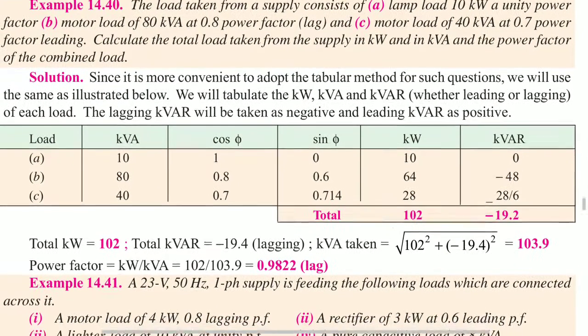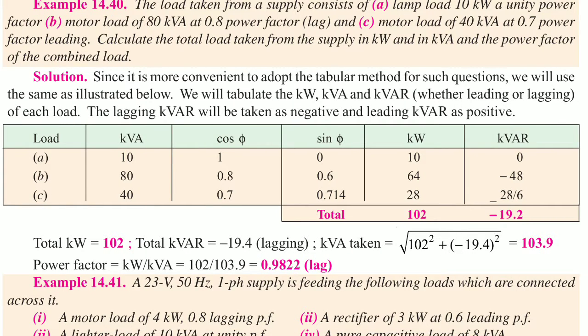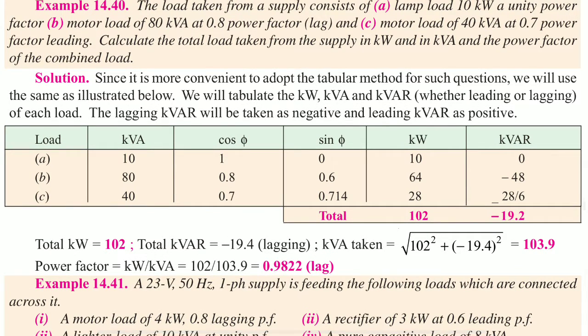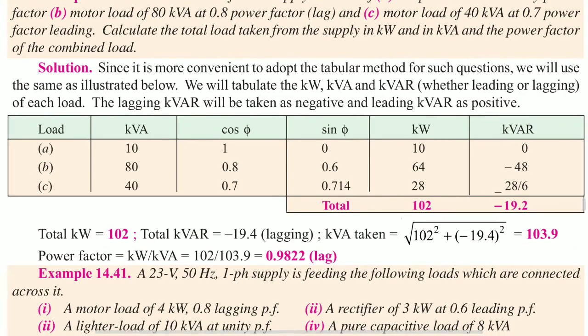So here the solution is: since it is more convenient to adopt the tabular method for such questions, we will use the same as illustrated below. We will tabulate the kW, kVA and kVAR, whether leading or lagging, of each load.